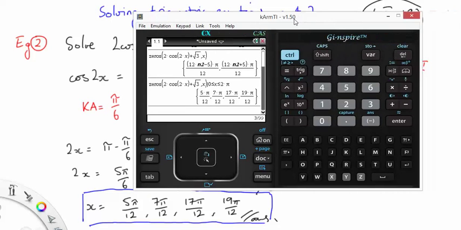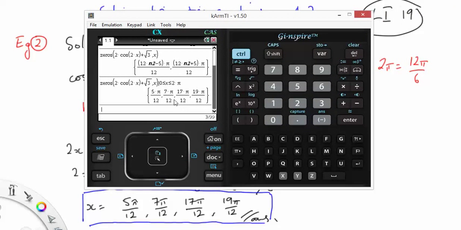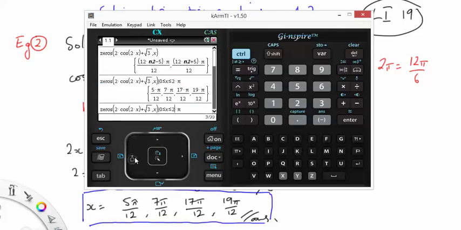Look how much nicer the zeros function looks. Let's compare that with the solve function. So I'm going to change it. We're going to use equals 0, and we're going to change this word from zeros to solve.